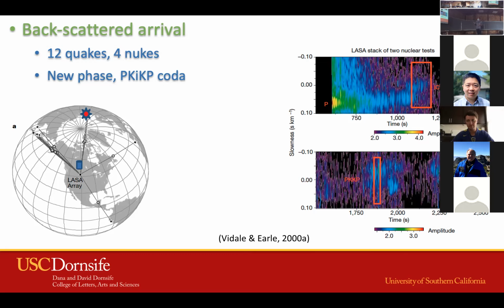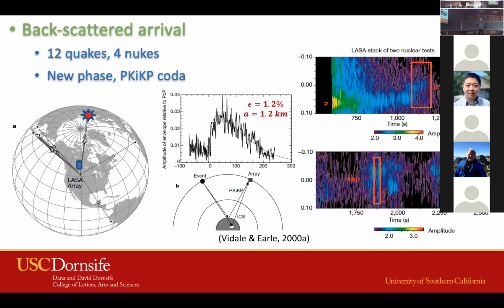When they checked the beamforming of the seismic records of two nuclear tests, they found anomalous energy following the PKiKP. This energy had never been recognized before. To interpret it, they used a heterogeneous layer at the uppermost inner core, and then did a forward calculation to fit the inner core scatter waves.